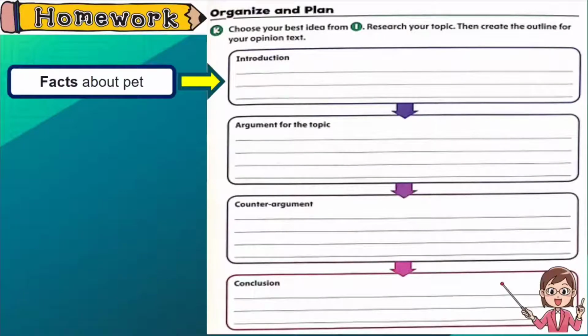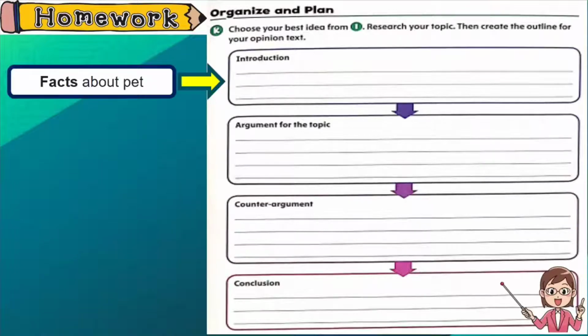You need to write 4 paragraphs for your opinion text. And again, the first paragraph talks about pets. Okay, facts about pets. So you need to search about pets. What are the examples of pets? What do you mean by pets? So you will put that in the introduction.